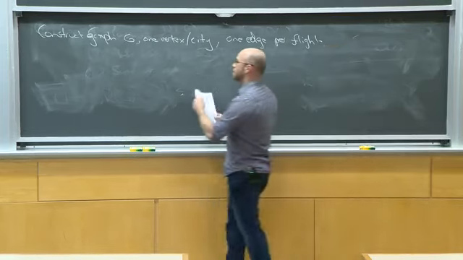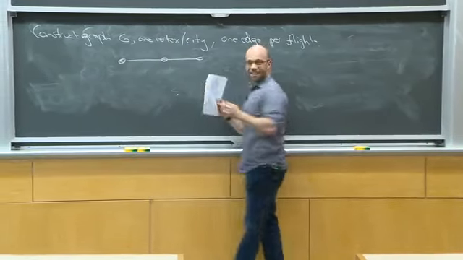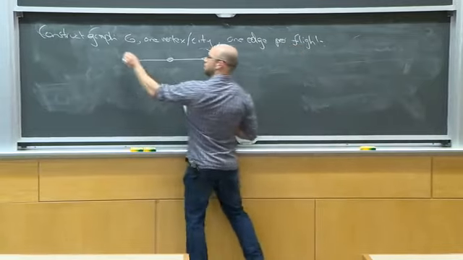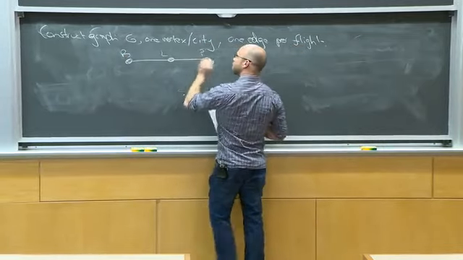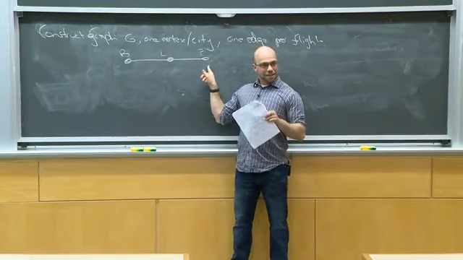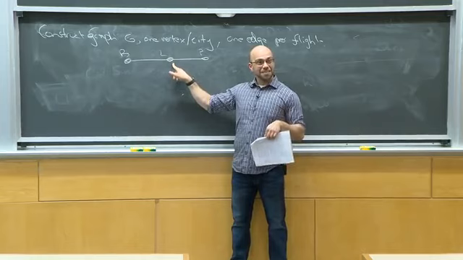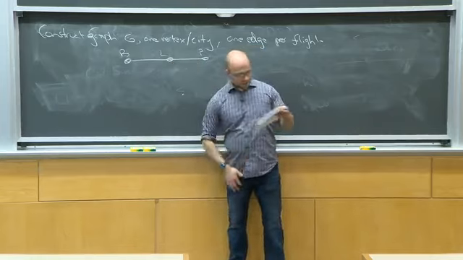Like maybe I have Boston, London, Paris, BLP for short. Then the length of my shortest path is 2, and the number of connections I have to make is 1 because I stopped through London. So what am I going to do?